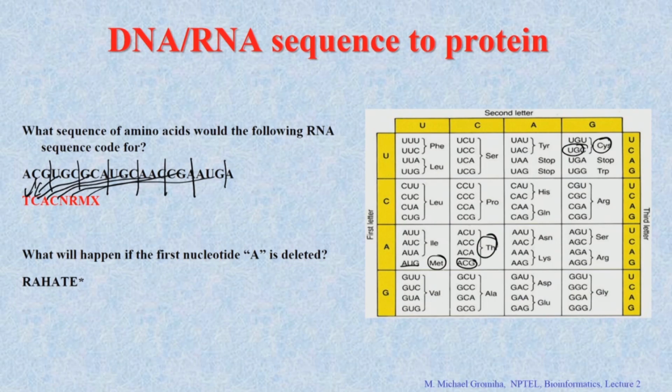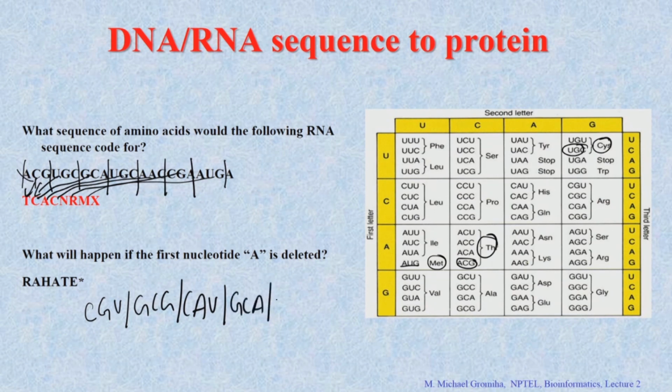So, in this sequence what will happen if you delete this nucleotide A, if this is not there, will you get a similar sequence or a different sequence? Different sequence, because now the codons are CGU, GCG, CAU, GCA, ACC, GAA, UGA.